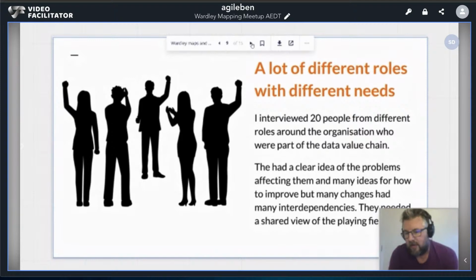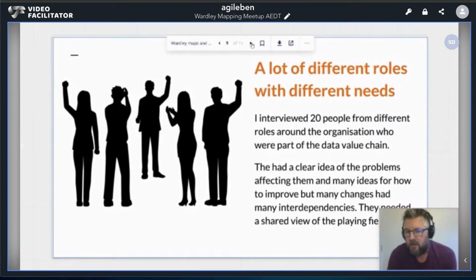All these different people are within an important part of the data value chain, but sitting at a different vantage point. And I actually interviewed them to get a sense of what were the common problems, where did they see the opportunities, et cetera.